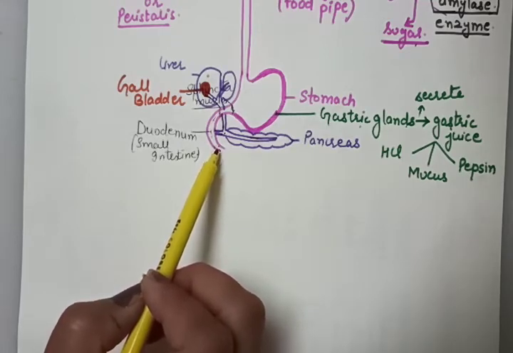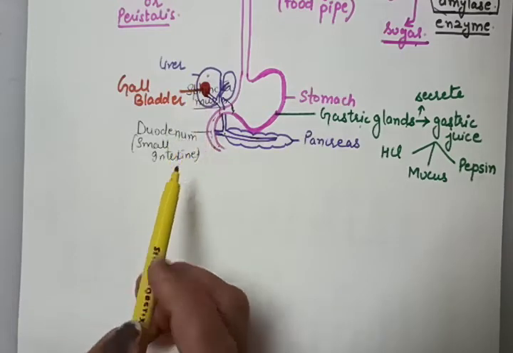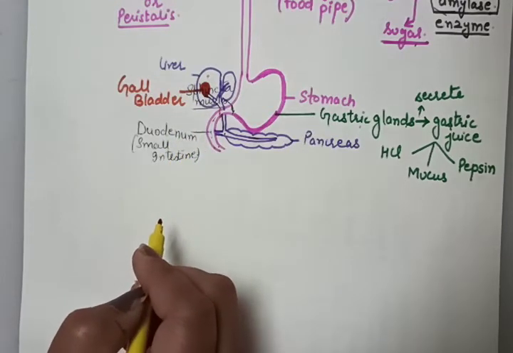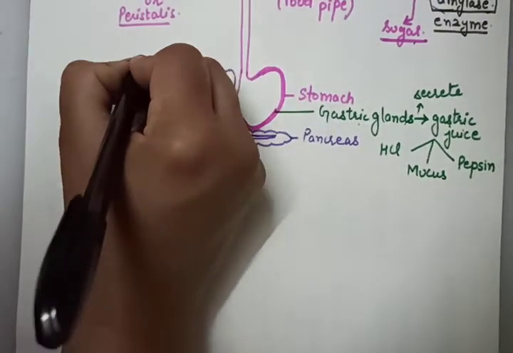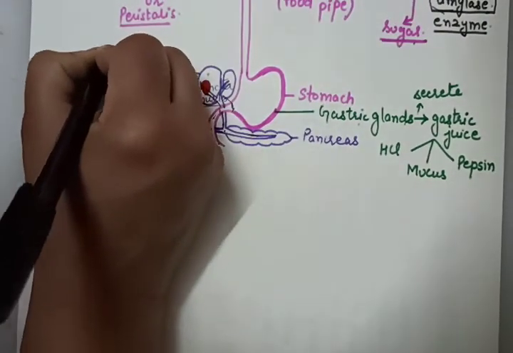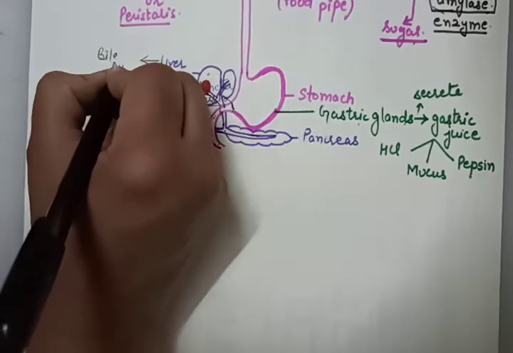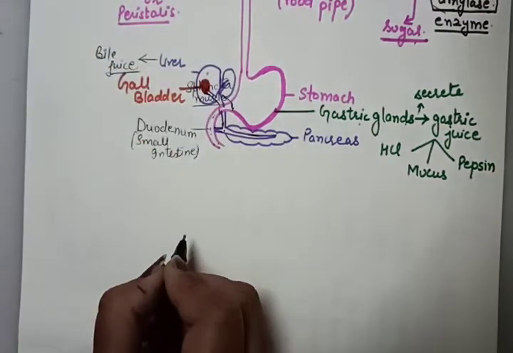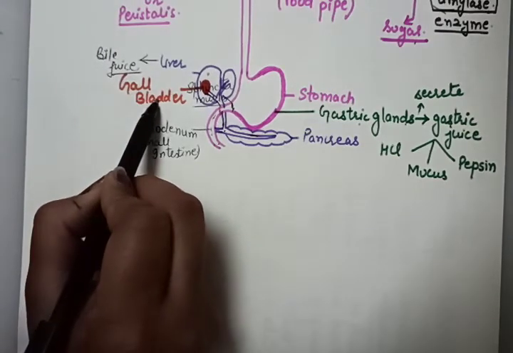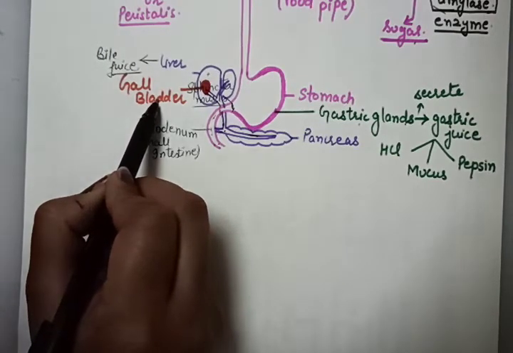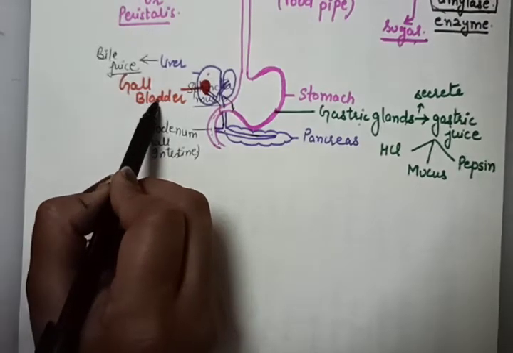Okay, now we will do the function of the liver. What is the function of the liver? The liver secretes bile juice, and this bile juice gets stored in the gallbladder. Now what is the function of this bile juice?